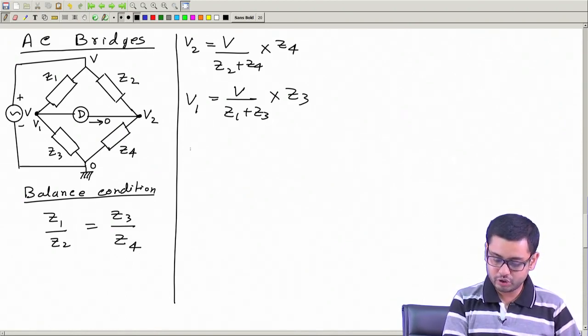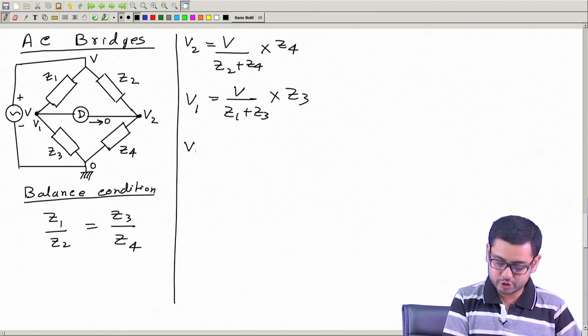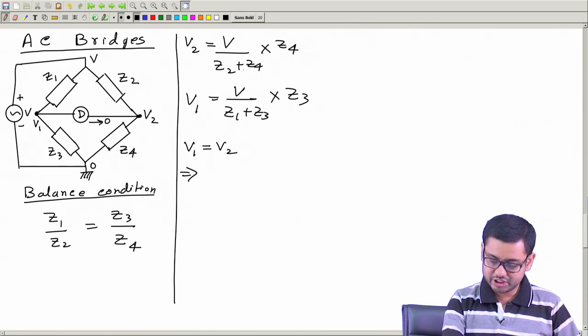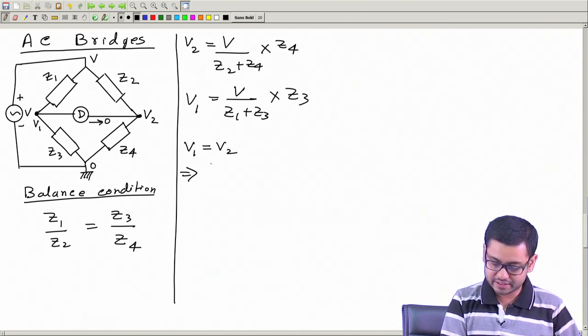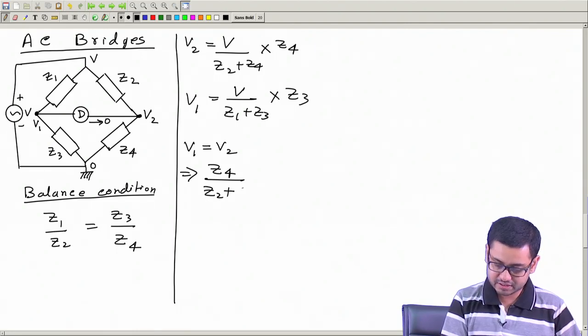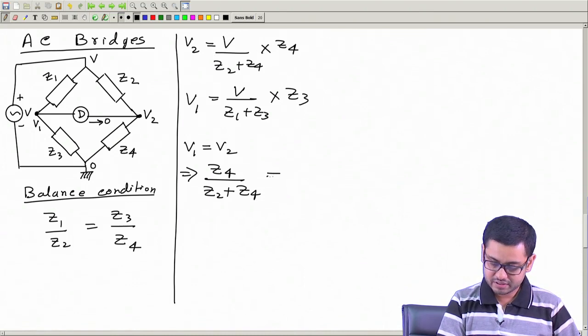And these two should be equal if no current is flowing through this. If this current is 0, therefore, V1 equal to V2 will imply these two terms are the same. So, you can write Z4 divided by Z2 plus Z4, and V you can cancel from here and here, equal to Z3 by Z1 plus Z3.